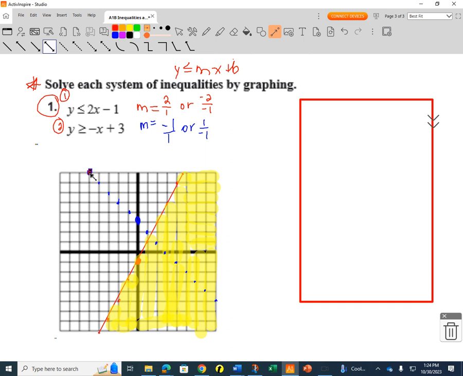Now, does this one get shaded up or down?